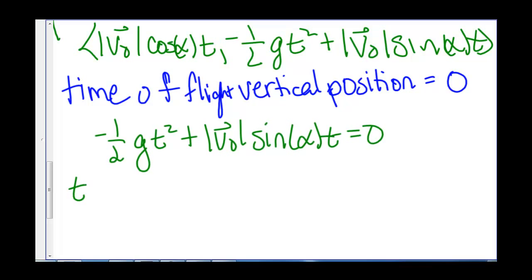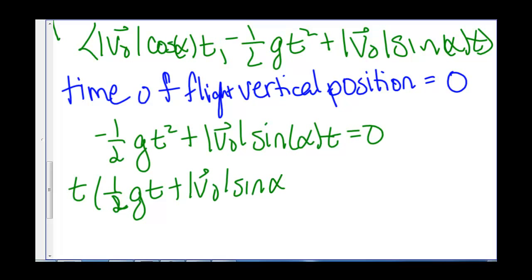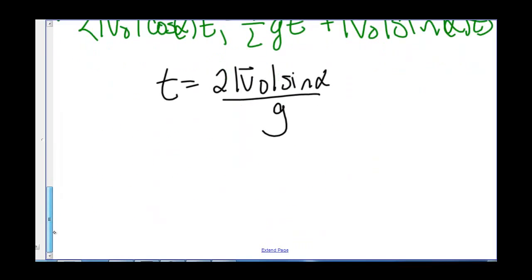Factor out a t. So t times (negative 1/2 gt plus magnitude of v naught sine of alpha) equals 0. So we get time equals 0, or time equals 2 magnitude of v naught sine of alpha over g. And that is going to be our flight time when we hit the ground at the end.